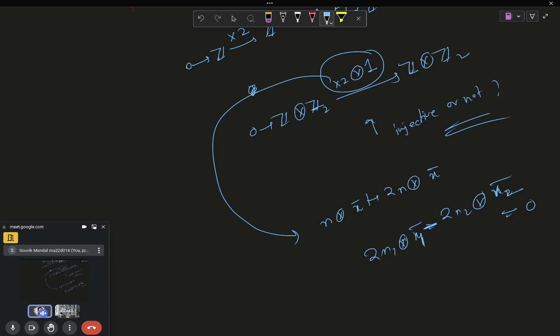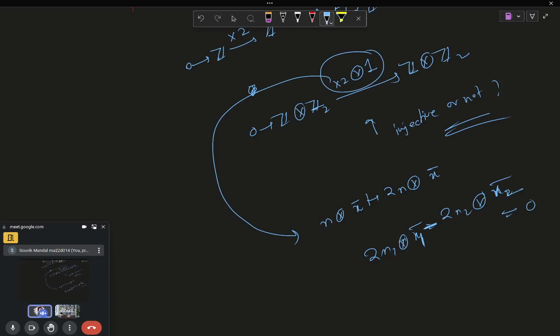Then, using some property of the tensor, my aim is to see whether n1 is equal to n2 and x1 is equal to x2 or not. But directly from the tensor product you can't go with the kernel.